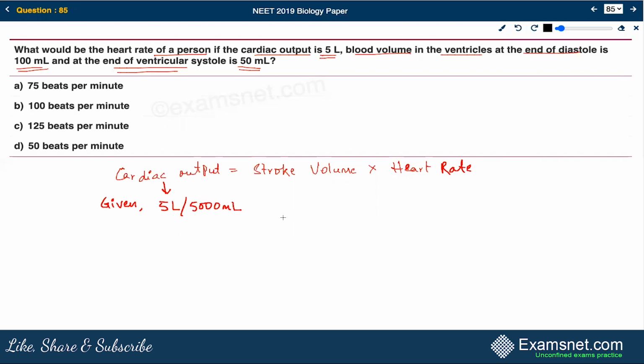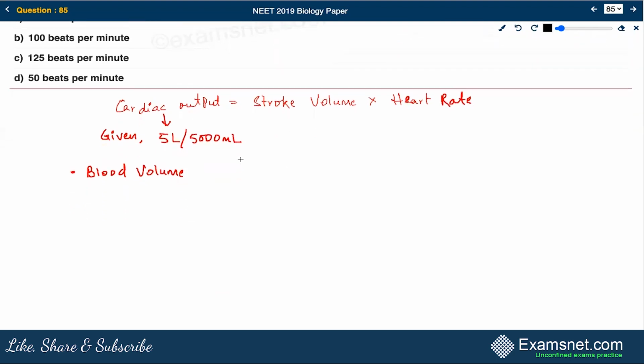All right. Now the blood volume in the ventricles at the end of the diastole that you can see.